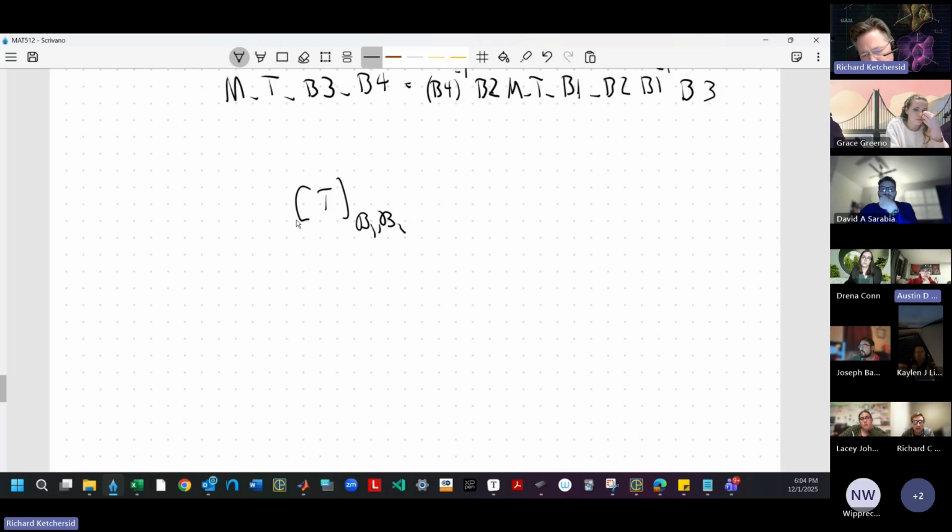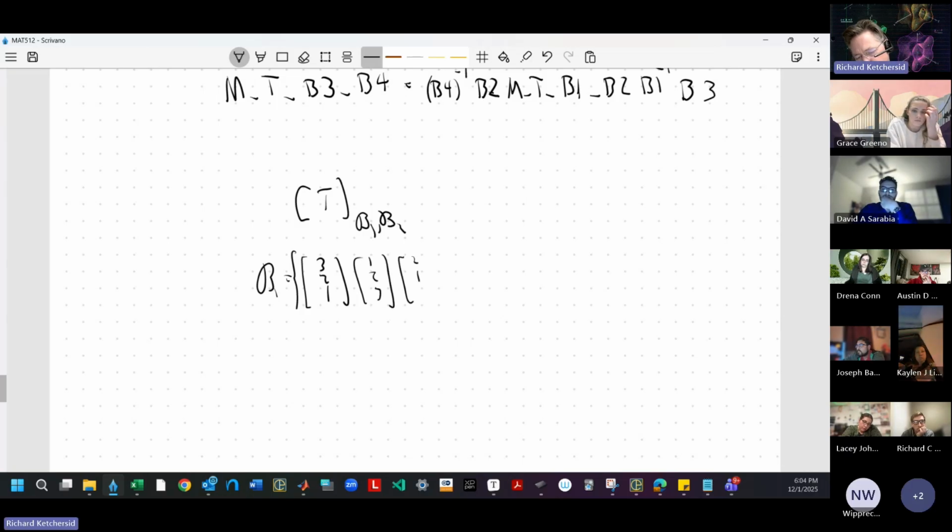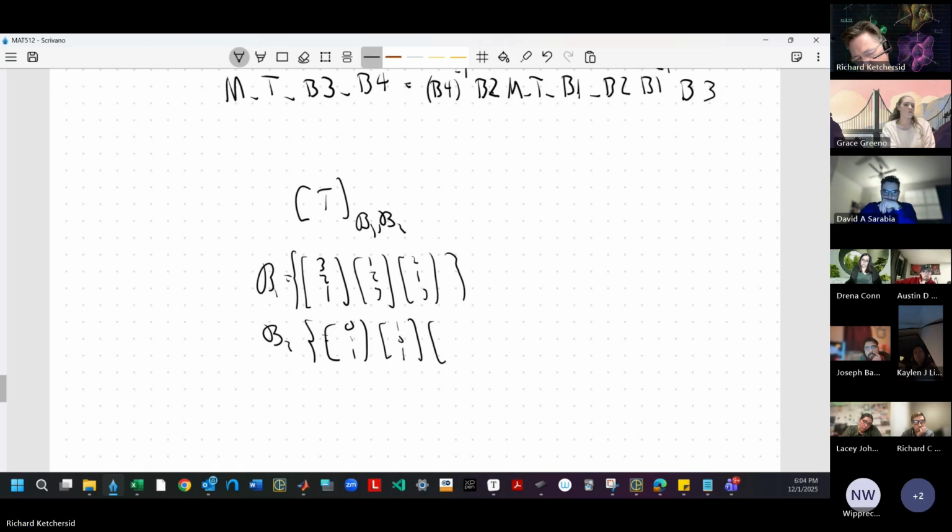So here, I'm just going to make up one this time. So I'm going to take the B1 and B2 I had before. So my B1 is going to be 3, 2, 1, 1, 2, 3, 2, 1, 3. My B2 is going to be 0, 1, 1, 1, 0, 1, 1, 1, 0.